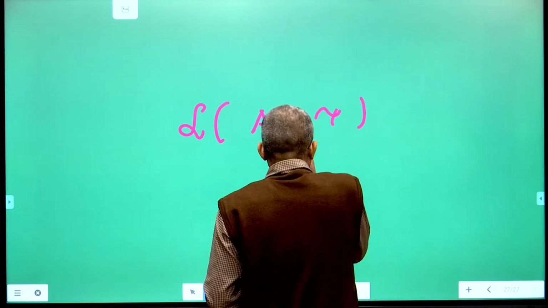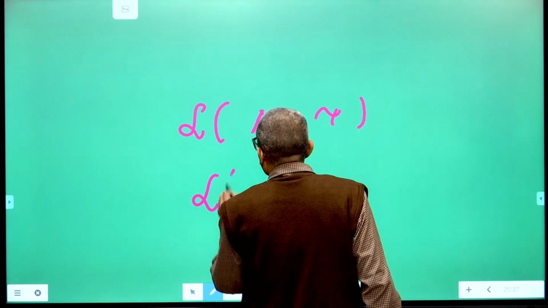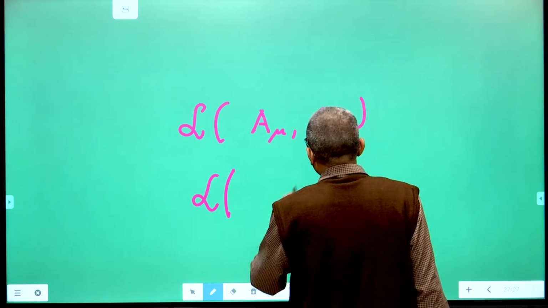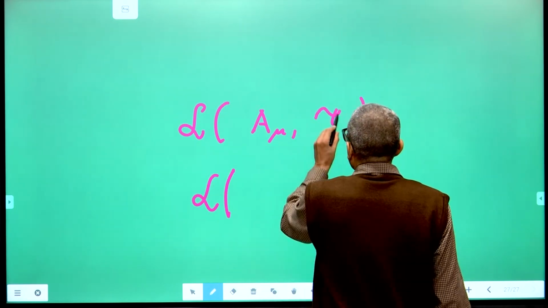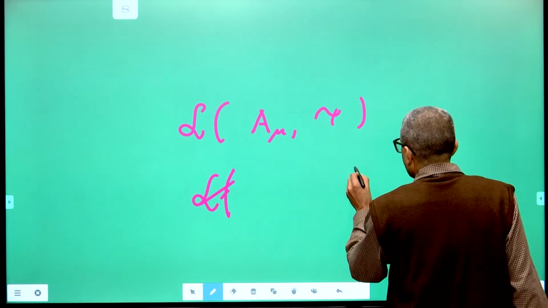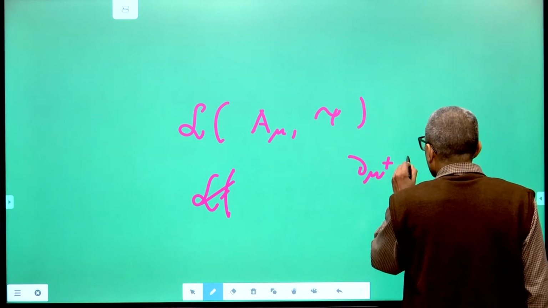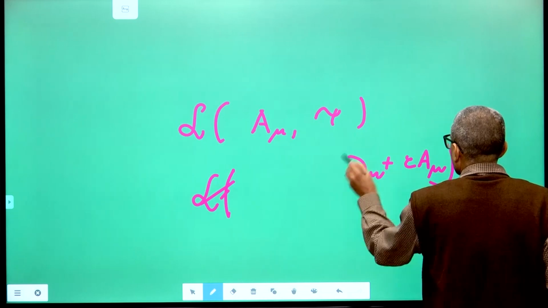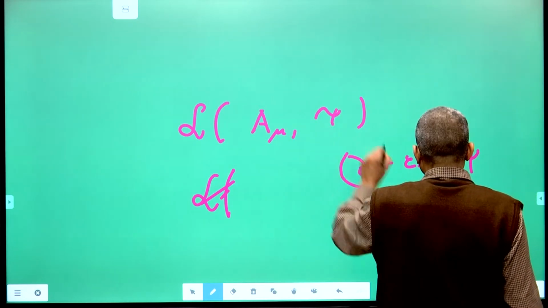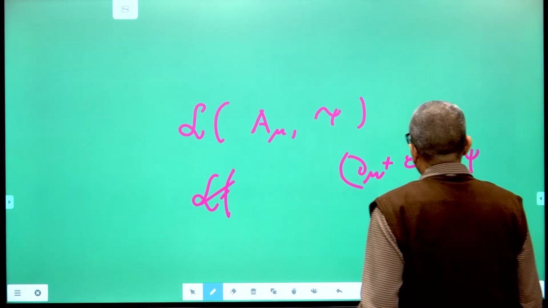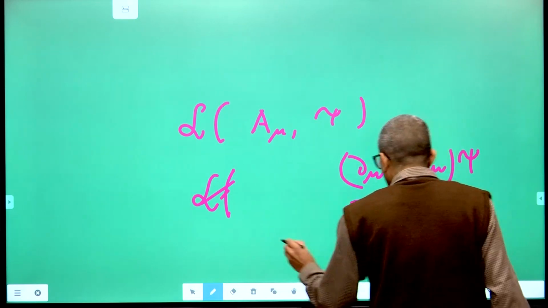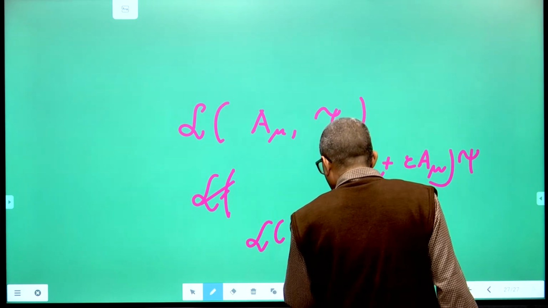Let us say psi appears in the combination dou mu plus Ea mu psi. These two, the gauge potential and the matter field psi, appear in this combination, and let us call this function chi mu. So L is a function of chi mu, and L is gauge invariant.